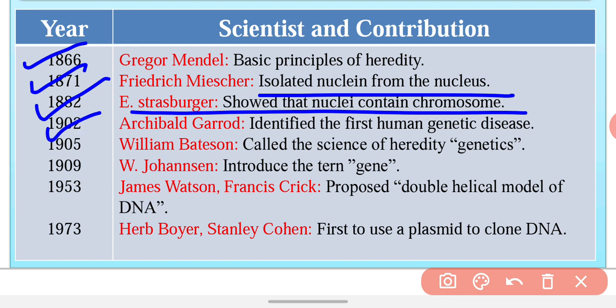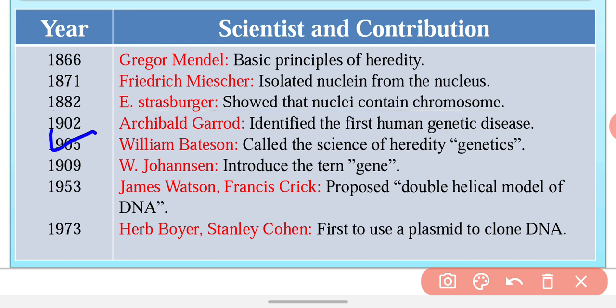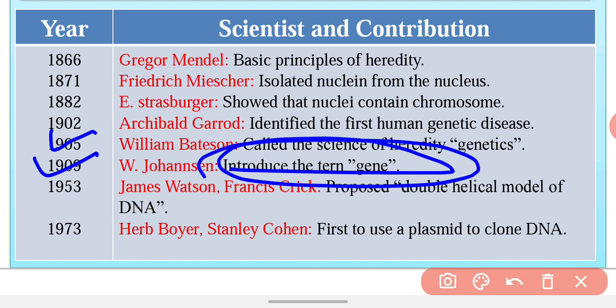In 1902, Archibald Garrod identified the first human genetic disease. In 1905, William Bateson called the science of heredity genetics. In 1909, W. Johannsen introduced the term gene, in place of the term factor.